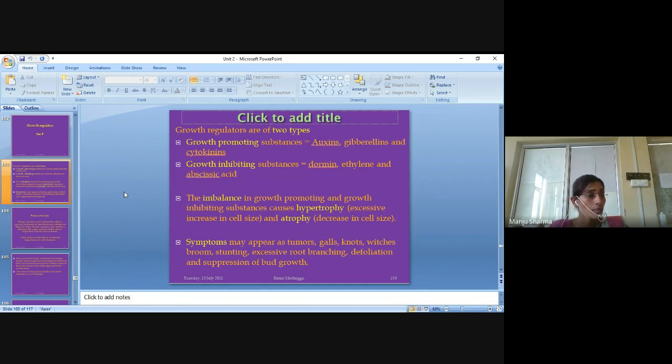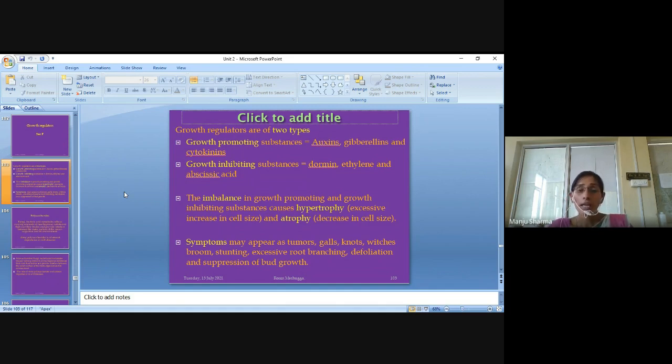Growth inhibiting substances are dormin, ethylene and abscisic acid, which inhibit the growth of plants.